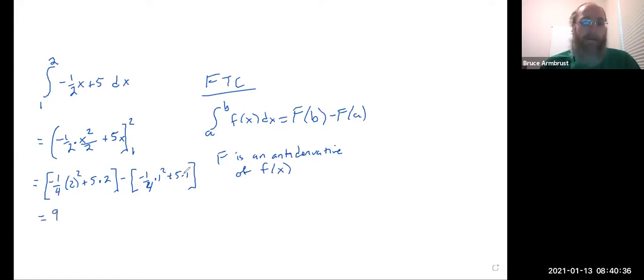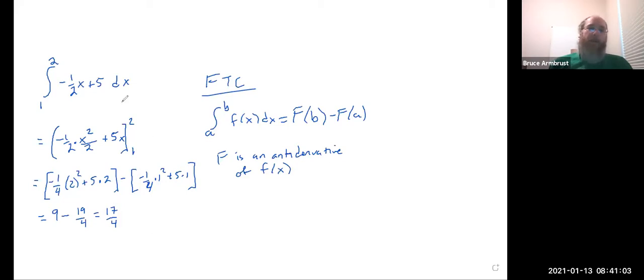Over here, we're going to get 5 minus 1/4, so that's 19/4. If we get a common denominator, 36 minus 19, I believe, is 17/4. And so the fundamental theorem of calculus says that this area should be 17/4.